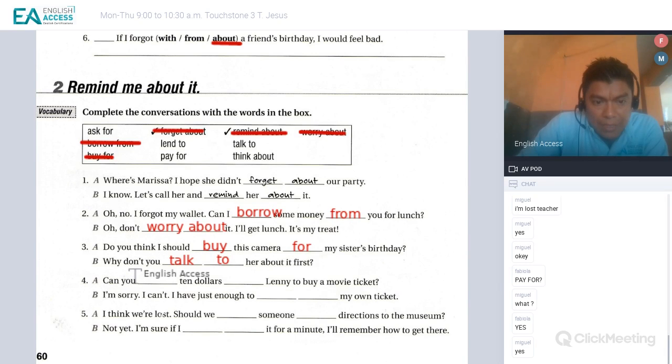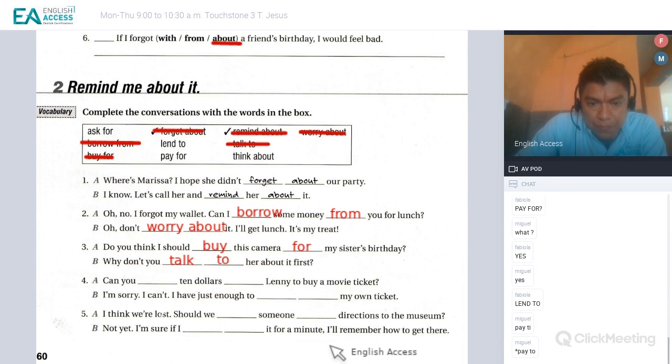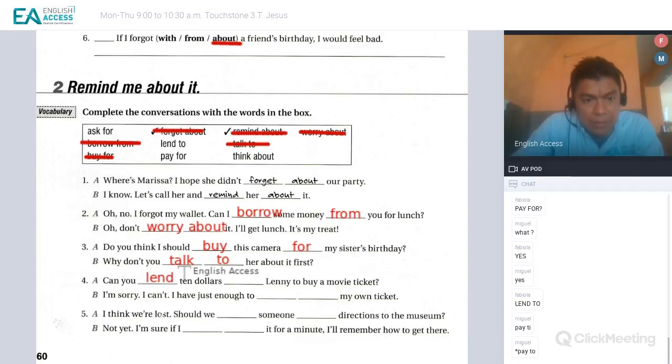All right, number 4. Can you lend $10 to Lenny to buy a movie ticket? So we already have this, guys. Talk to is already used. Which ones go here? Pay to? Nope. Yes, Fabi, it's lend to. I'm sorry, I can't.